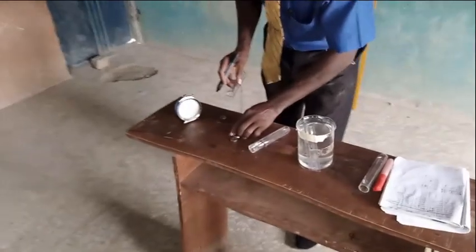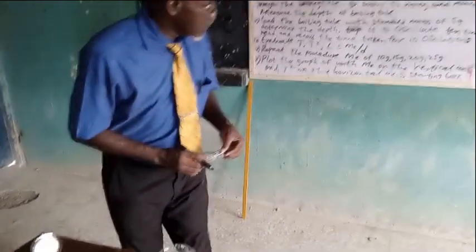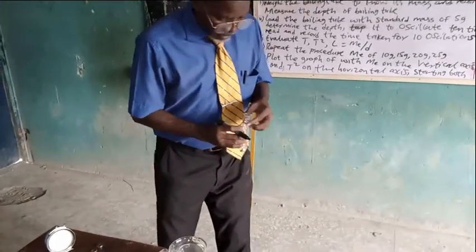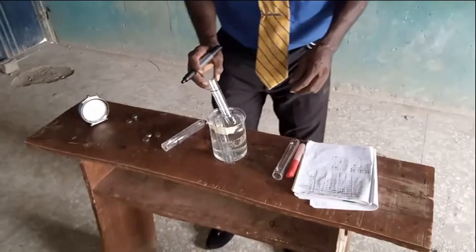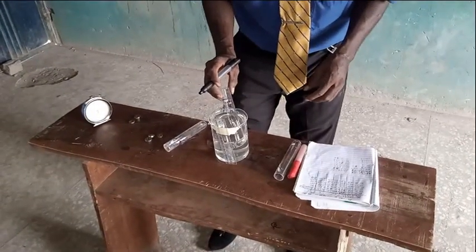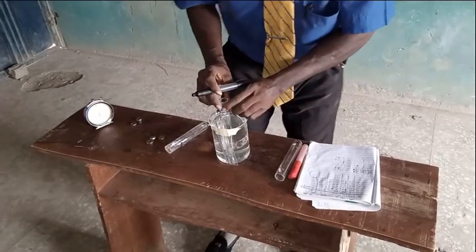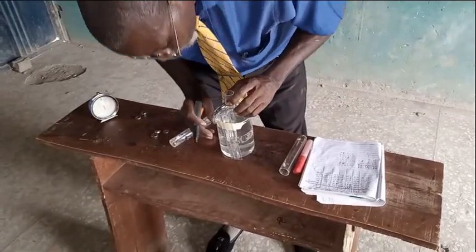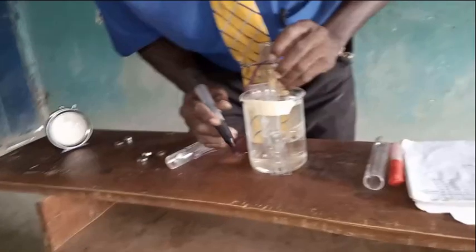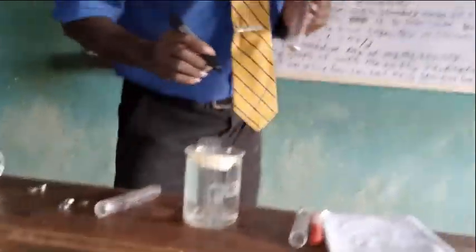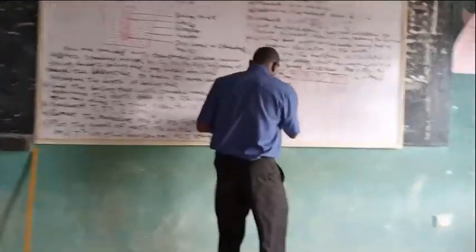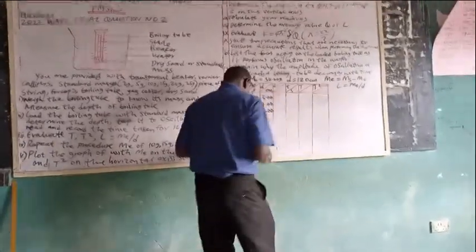Now the next one is 15 gram. Let's determine the depth. It goes to 7. 12 minus 7, 5.